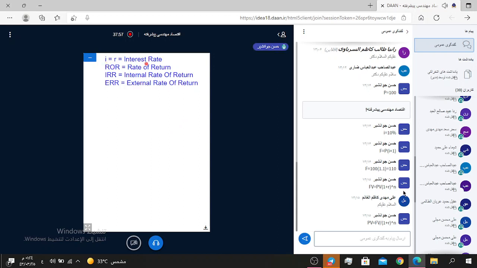You have interest rate for banks. Internal rate of return, IRR. The IRR is defined as any discount rate that results in a net present value of 0, and is usually interpreted as the expected return generated by the investment.